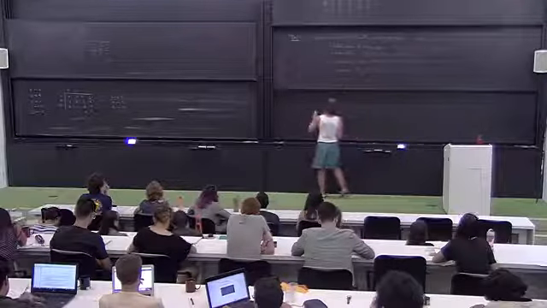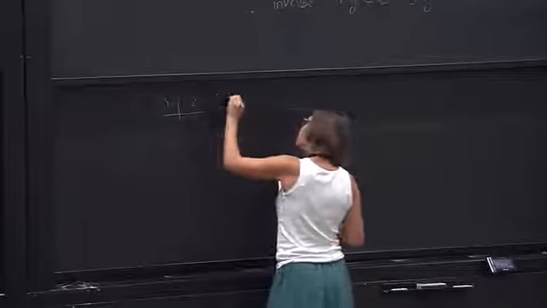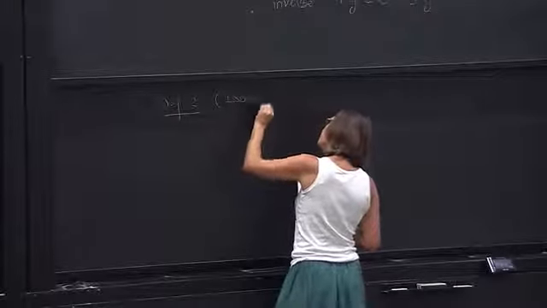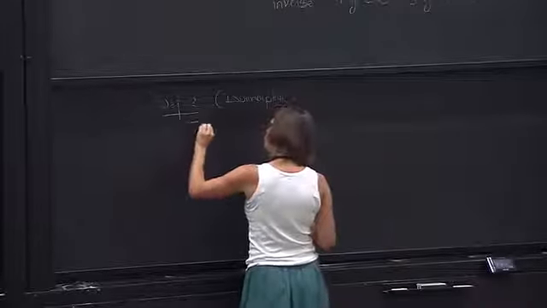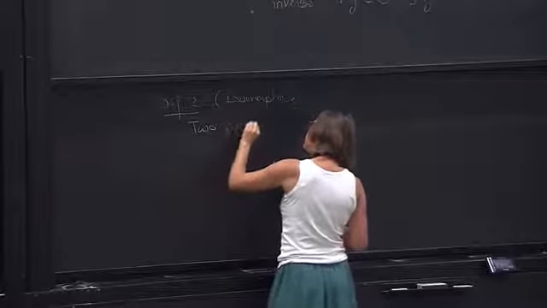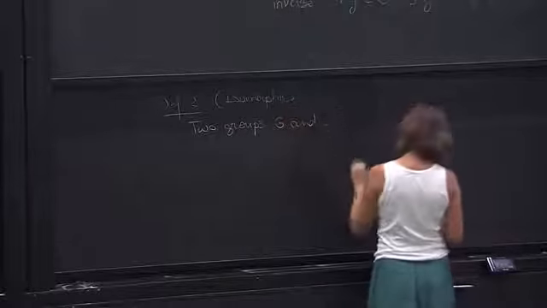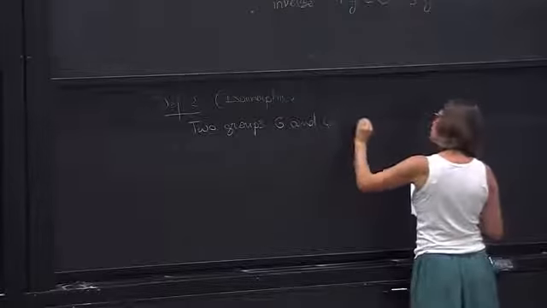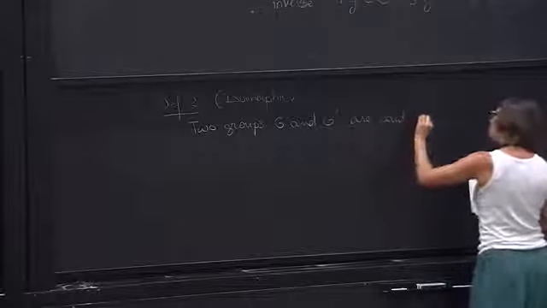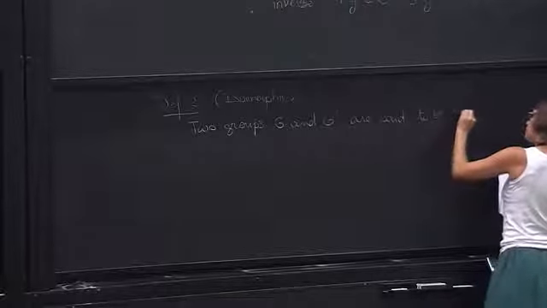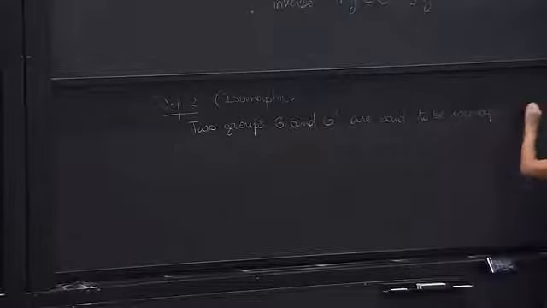So more precisely, if you have two groups G and H, and we will come back to this definition, we say they are isomorphic, and we usually use this notation.